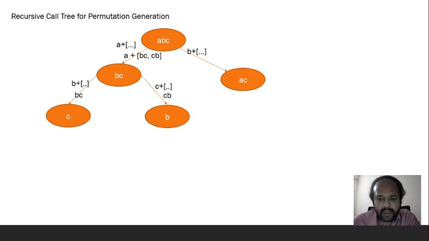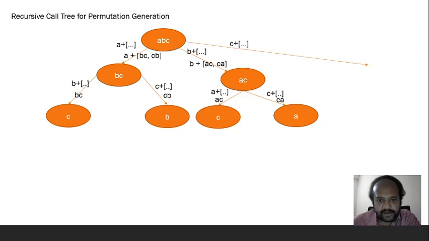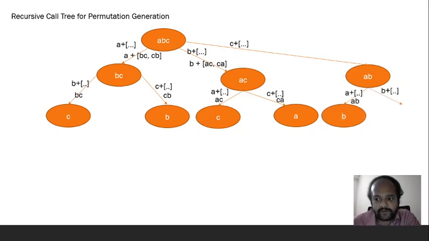And again we call, so it returns AC, and with C it returns A, so CA, so B plus AC and CA. And third, with C as constant, we call the permute function for the word AB, which again calls with A as constant calls for B, and with B as constant calls for A, and thereby returns AB and BA. So C plus AB and BA.